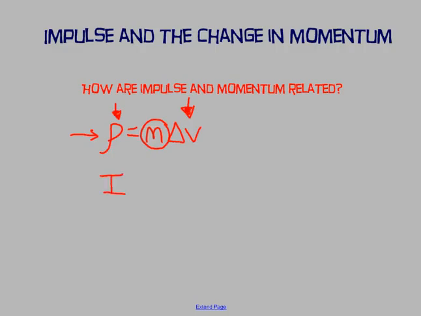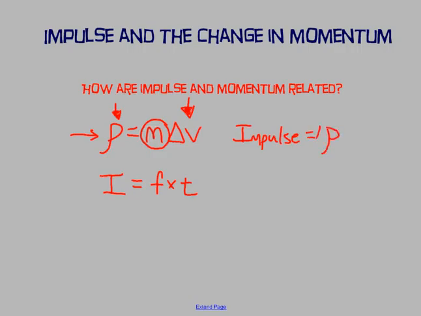Now, again, impulse, we'll just use capital letter I, is force times time. And again, these are related to each other because, like I said, we need an impulse to change the momentum. All right, so a key equation here is that we can set impulse equal to the change in momentum.